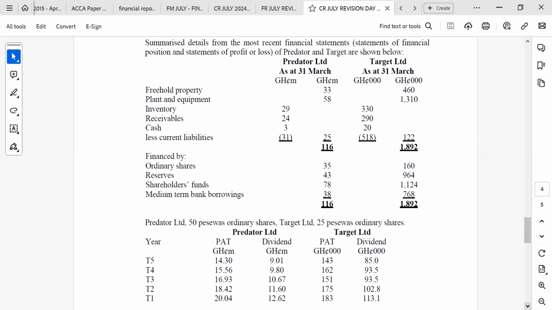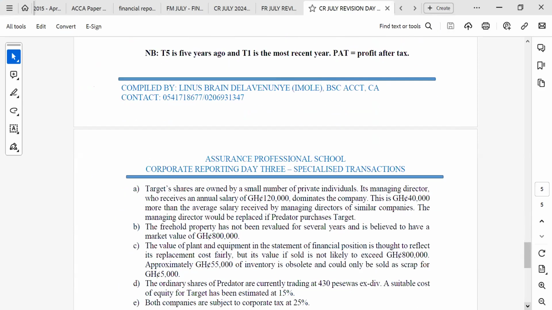The next one, the value of plant and equipment. The value of plant and equipment in the statement of financial position is thought to reflect its replacement cost fairly, but its value, if sold, is not likely to exceed what? 800. What are we going to be using?